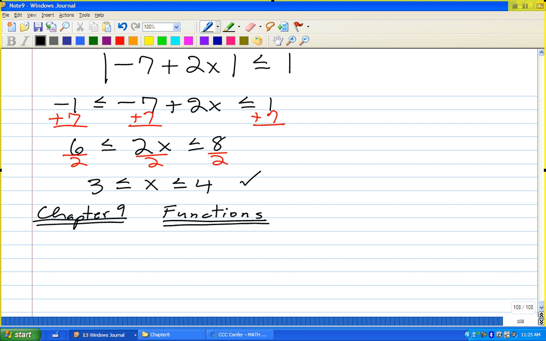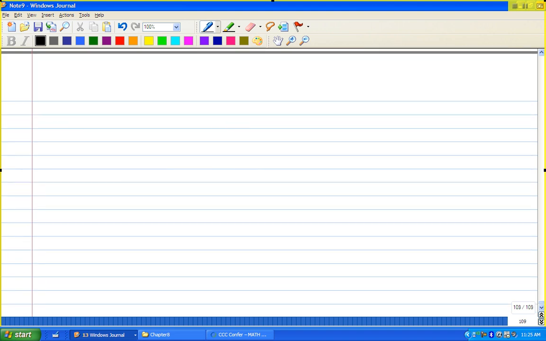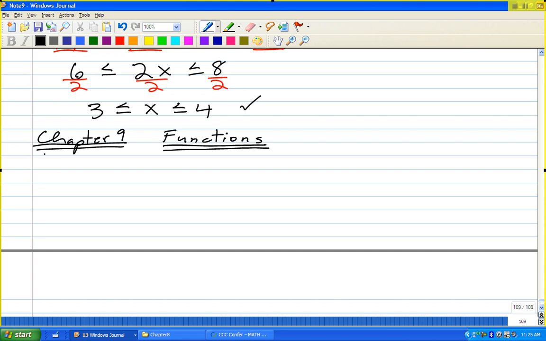So, section 9.1, introduction to functions.